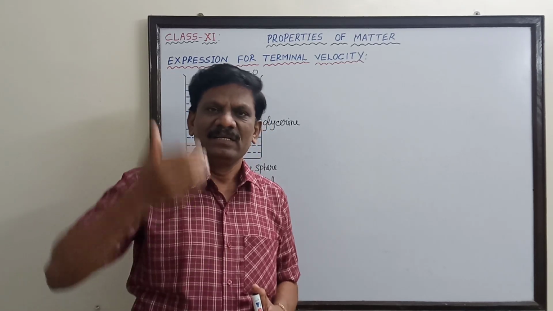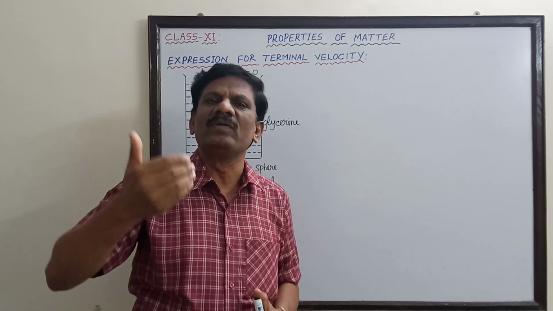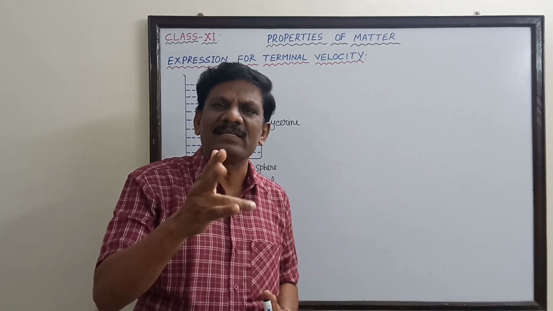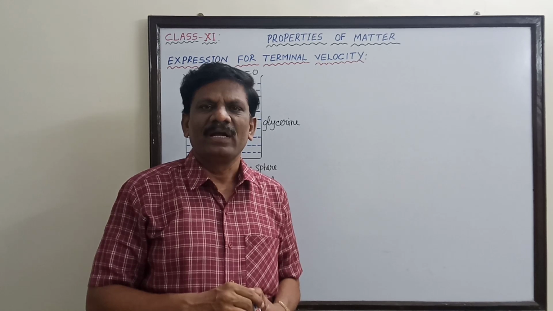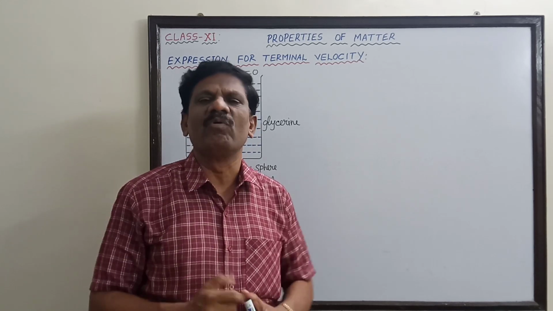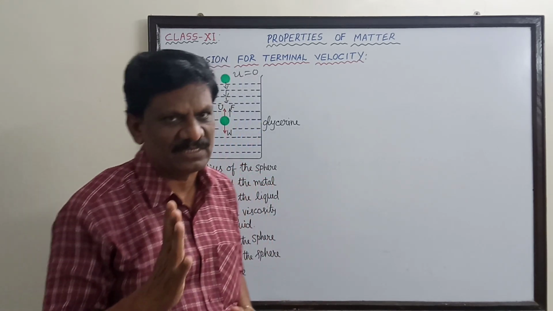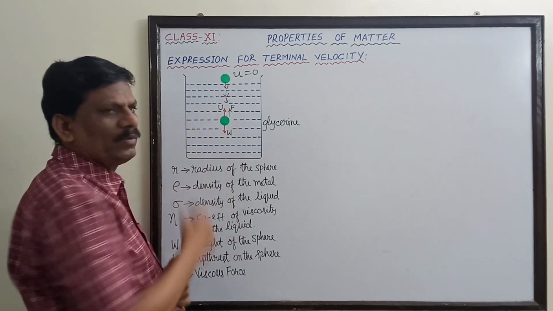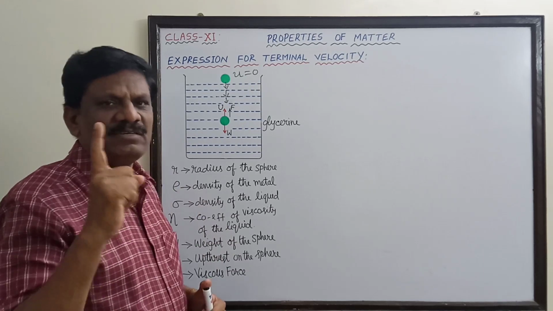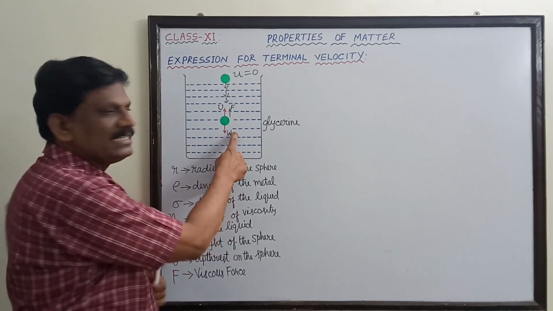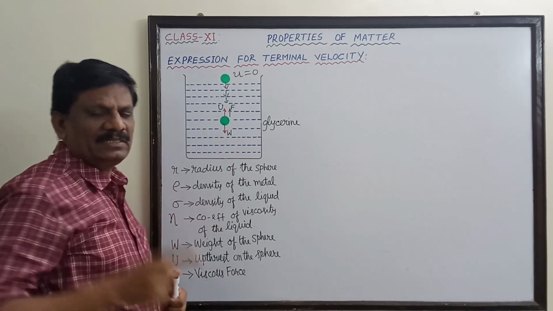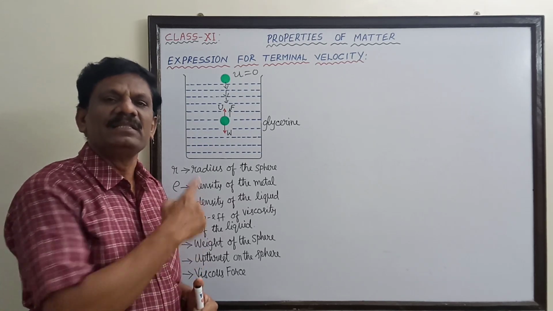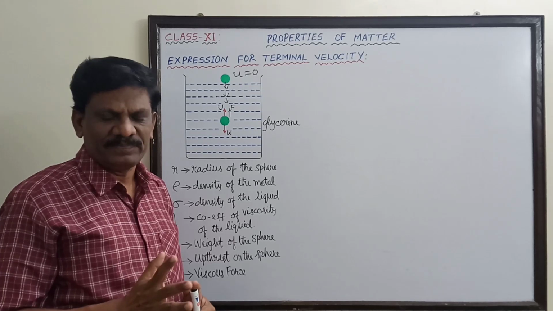Is it not? Whenever it is accelerated in the downward direction, it crosses through the different layers of the liquid and it is opposed by a force which is called the viscous force. So whenever the sphere is descending, the first force acting on it is its own weight, W. This weight is the gravitational force acting on the sphere and it acts in the downward direction.